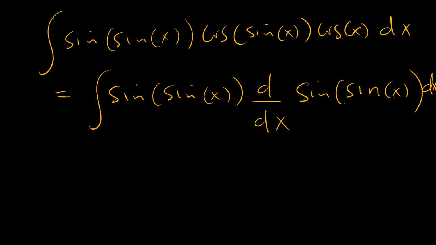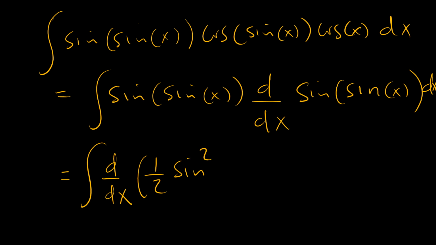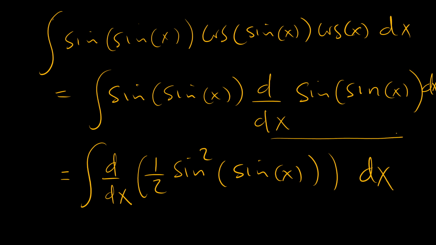Which means that the entire problem is just the derivative of half of sine squared of sine x, so that when you differentiate this, you have this second nested part.